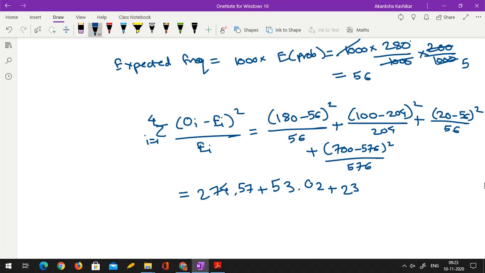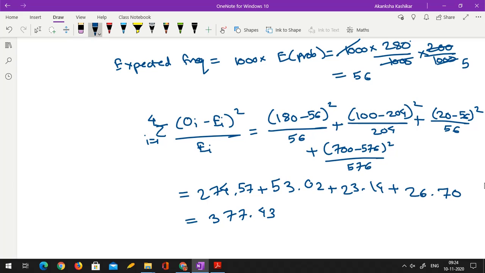So that is 23.14 plus (700 minus 576) whole square divided by 576. So this is 26.7 roughly. Okay. So if we add these, we have 274.57 plus 53.02 plus 23.14 plus 26.7. So the total turns out to be 377.43. Okay.